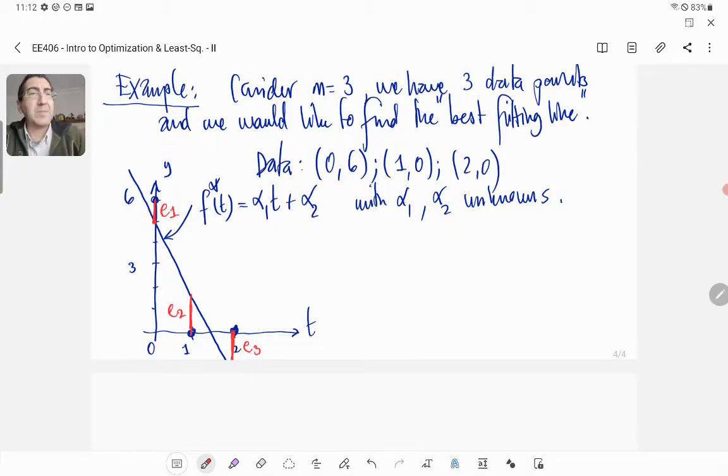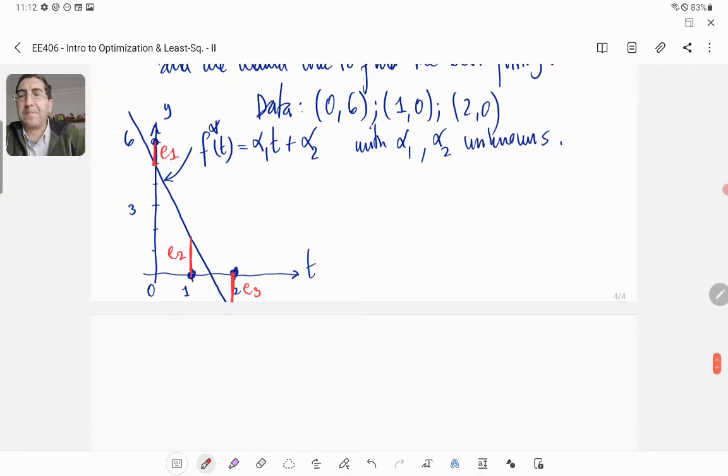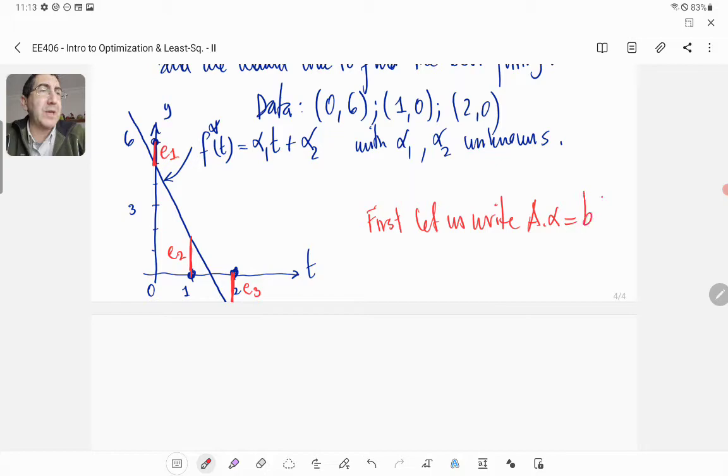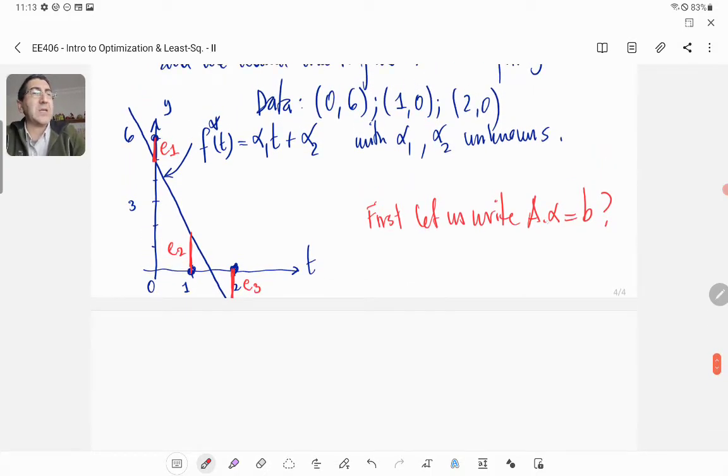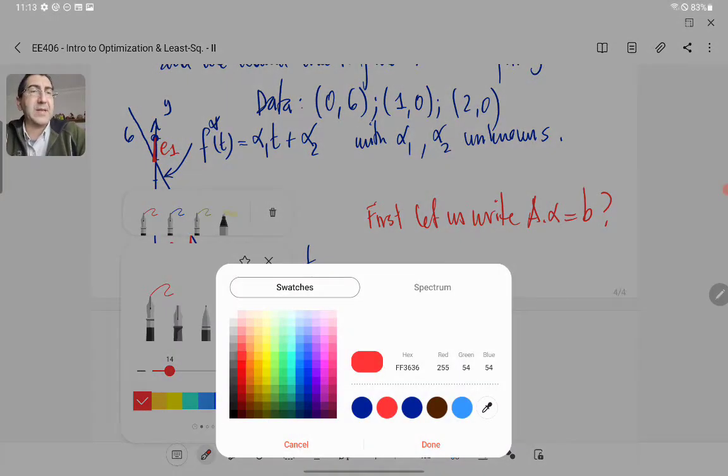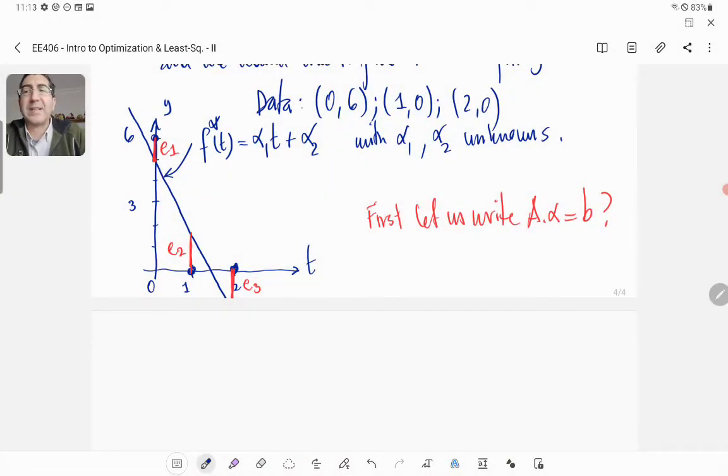Okay, so let me try to write down first, let us write A times alpha equals B. How does that look? How do I write this set of equations? Well, I will start with my data points. Remember, a row for each data point, right?